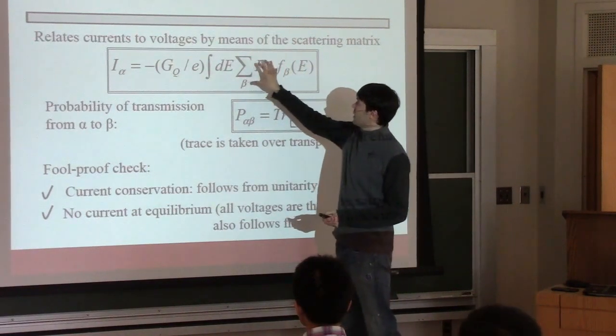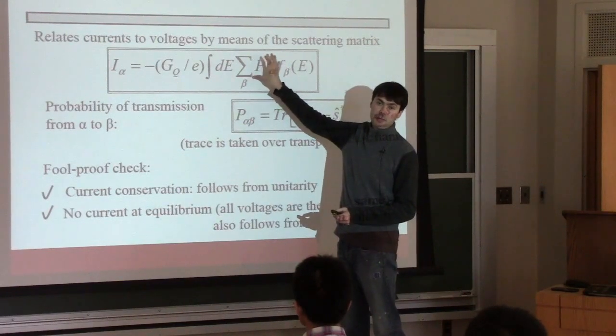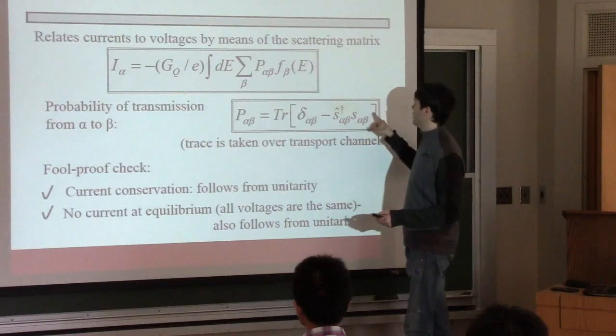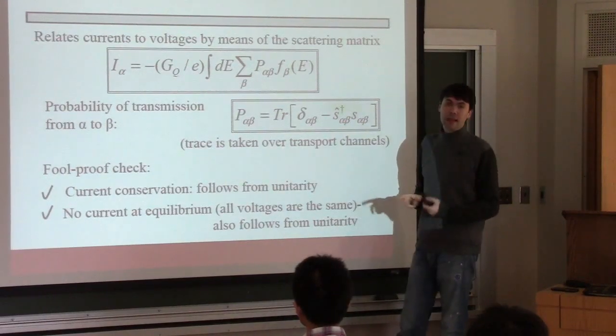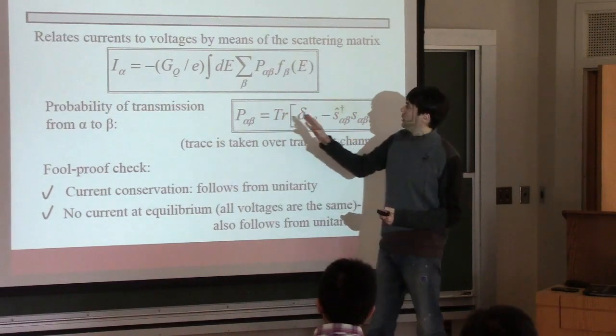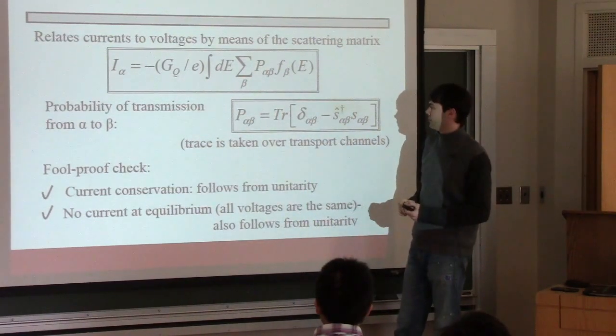And these are just transmissions and reflections in an S matrix. So the P is a trace over the scattering S matrix elements that are relevant for going from alpha to beta.